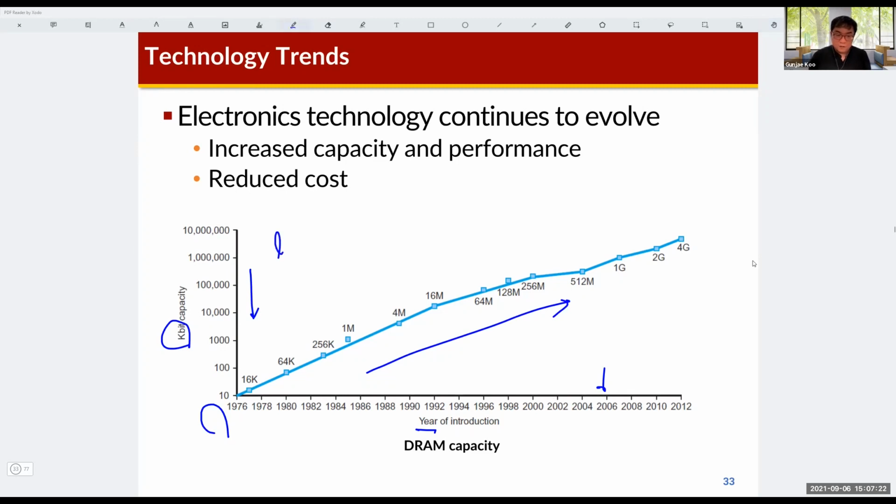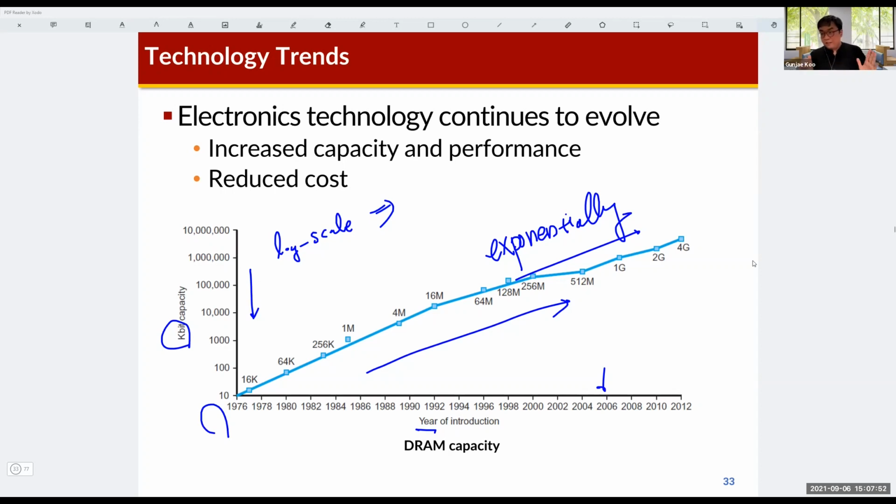Since the y-axis is the log scale, that means the capacity of the memory increases exponentially. That is how VLSI technology has advanced until now.